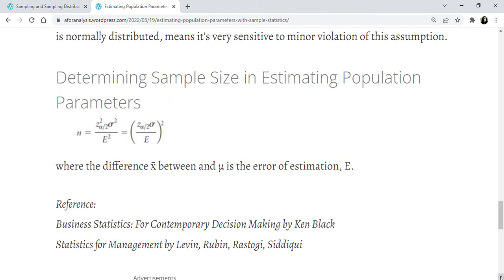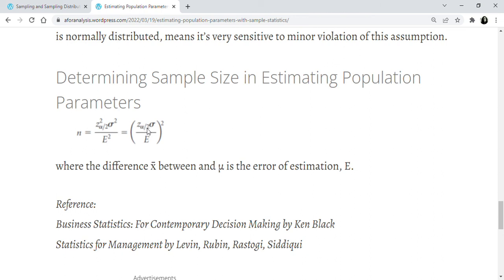Next, determining the sample size in estimating a population parameter, which looks something like this. The sample size n will be equal to z into sigma by E, whole square. E is the error, and Z is the z-score corresponding to alpha by 2.